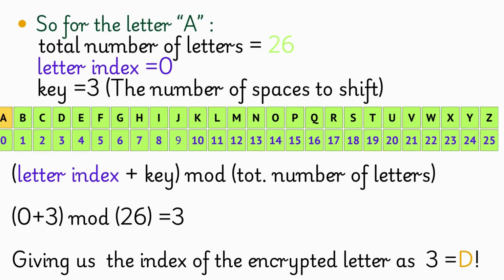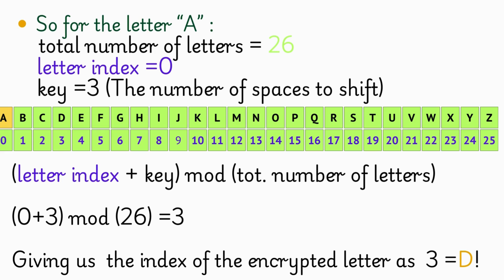To encrypt the letter A, using this formula, we know that the index of A is 0. We know that the key is what? 3. And we know that the total number of letters is 26. So all we have to do is to carry out the calculation 0 plus 3 mod 26, and that gives us 3.